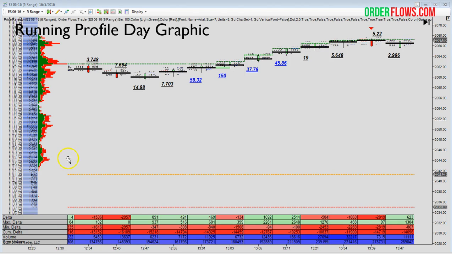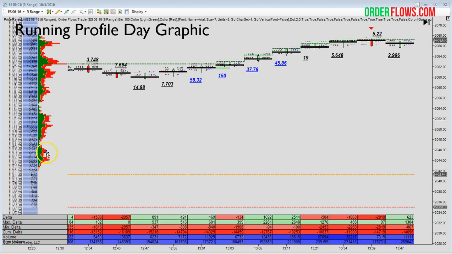Again, you've got your value area down in here. Earlier, I remember this day, we're putting in this value area. Then we started running, and we sort of have a double distribution day forming early on. Then we start trending, putting in another value area slightly higher, and we just keep going higher and higher, putting in higher value areas.